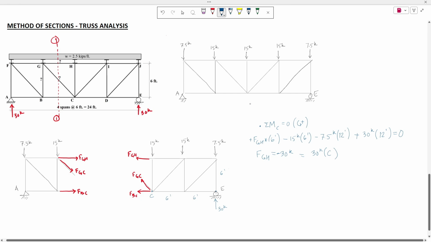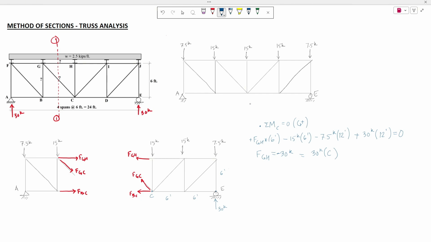So now if you want to calculate our member force GC, you can use another equation of equilibrium, summation of forces in vertical direction equal to 0, considering upward forces to be positive. Then we have 30 kips of upward force, negative 15, 15, 30, 37.5 of downward forces, and the vertical component of FGC.